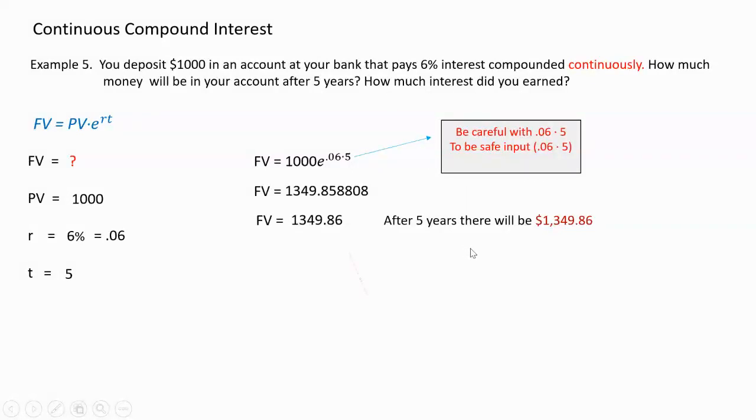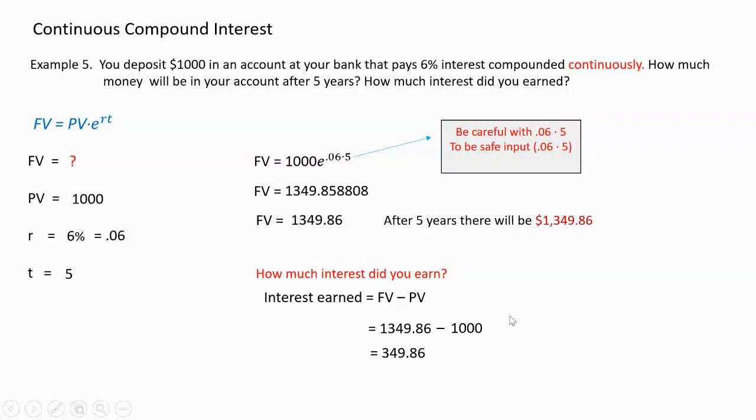So how much interest did you earn? We do the same thing as the previous slide. The interest earned is equal to the future value minus the present value. So it's $349.86. I believe, guys, the more times it is compounded, the more money you're going to make.